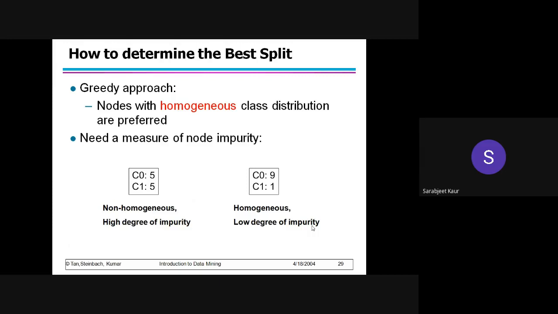This is what we look forward to, because the more homogeneous our distribution is, the easier it is for us to reach a particular conclusion, right? Which is the very essence of building a decision tree, right?